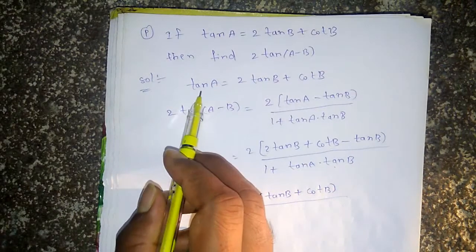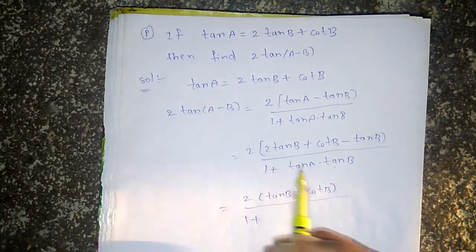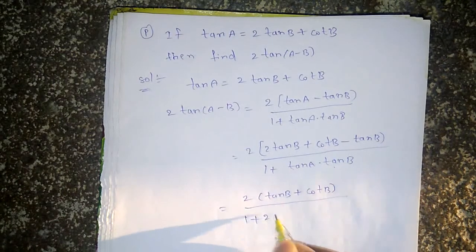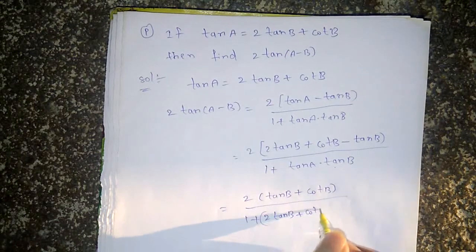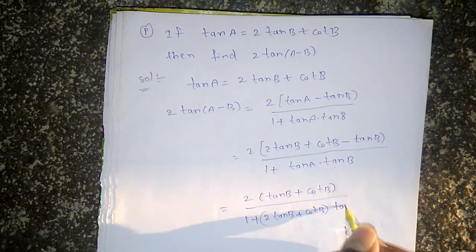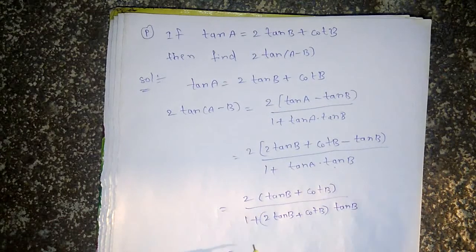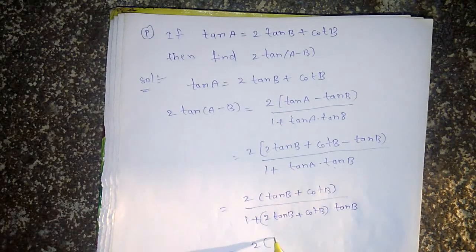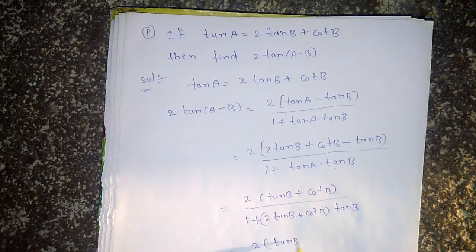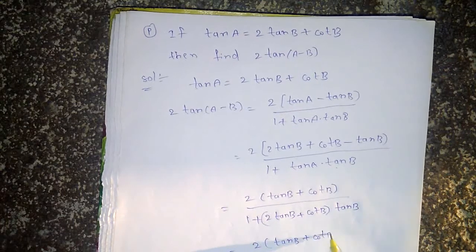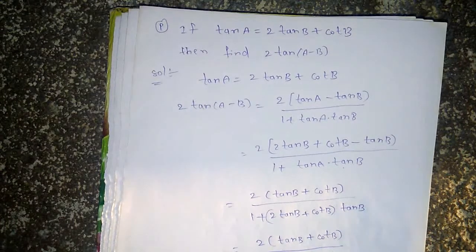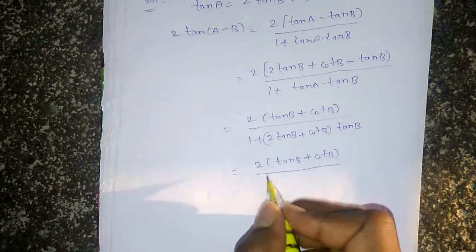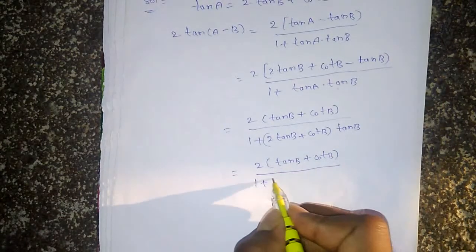So here in place of tan a, again you can substitute this. So what you will get, 2 tan b plus cot b into tan b. So this is 2 into tan b plus cot b divided by, this is 1 plus 2 tan square b.